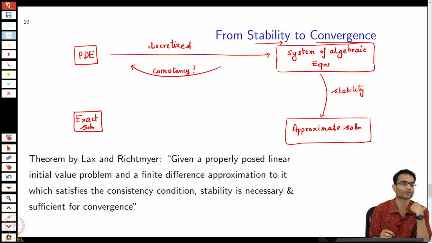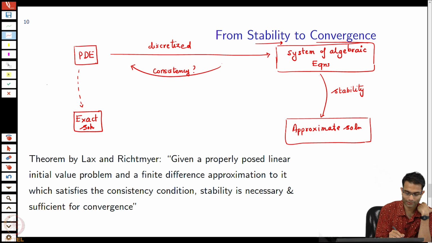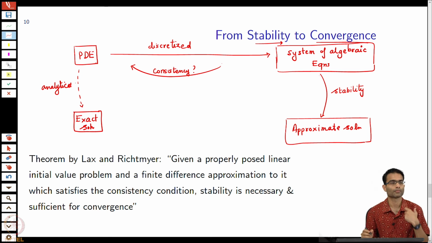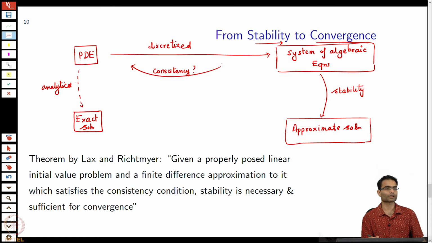In the olden days, when there was no computation, you tried to go from here to here by doing what? Analytical, right. But we know that is not possible many times, right. That is why you have numerical methods.